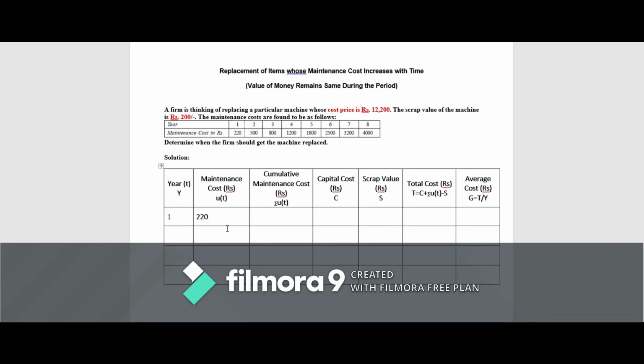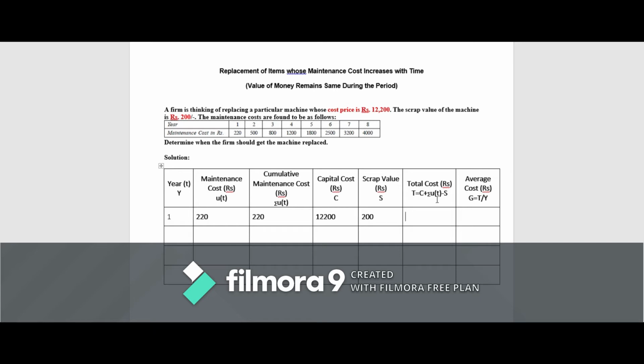The cumulative maintenance cost is the same, 220 rupees. Capital cost is constant, as I said earlier, that is 12,200. The scrap value is also constant, that is 200. The total cost equals the addition of cumulative maintenance cost and the capital cost.